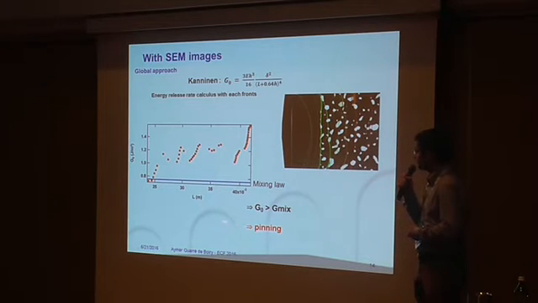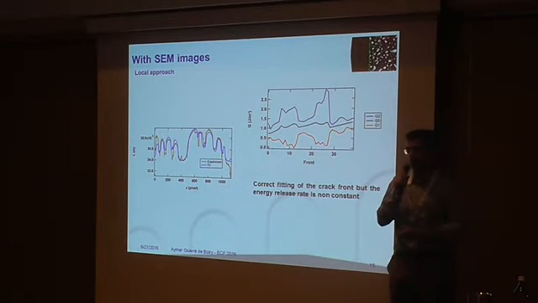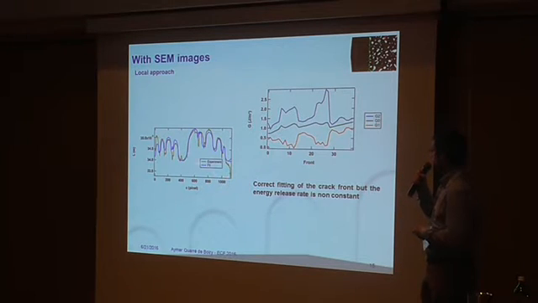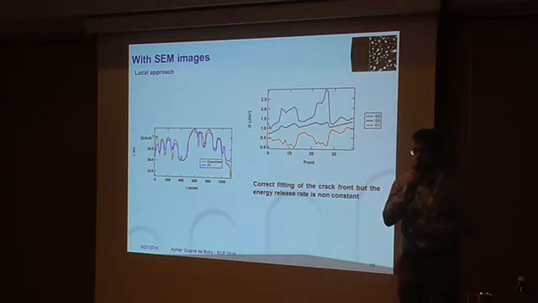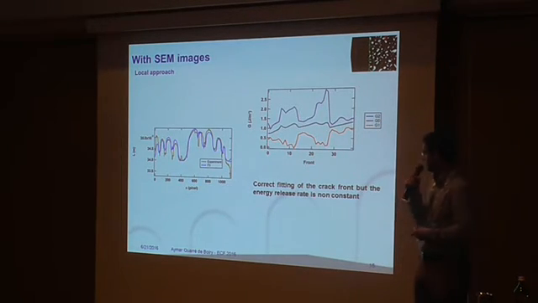It is due to pinning. We can calculate this pinning by the local approach, which can fit the different variations of the crack fronts. We have a correct fitting for the crack front, but the energy release rate is not really constant. It is due to the difficulty of calculating the energy release rate when the crack front is at the interface between a strong area and a weak area.